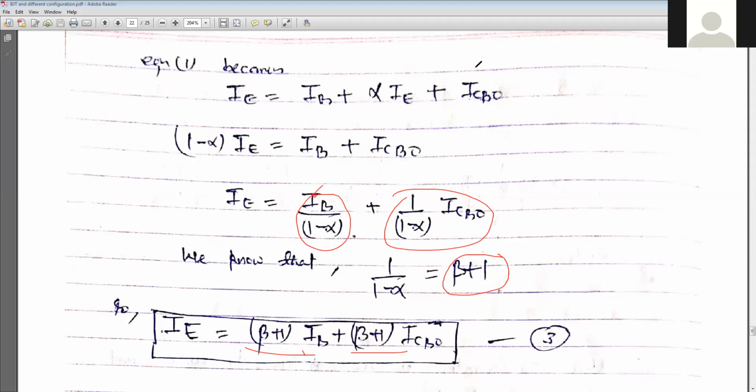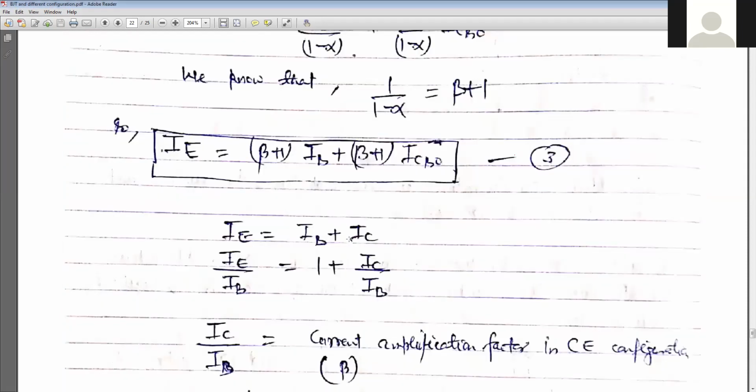Now I'll use some more assumption. So in that, we see that IE is equal to IB plus IC, so we will divide by IB. When you divide this equation by IB, that is IE by IB is equal to 1 plus IC by IB.